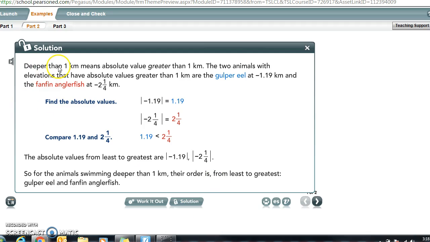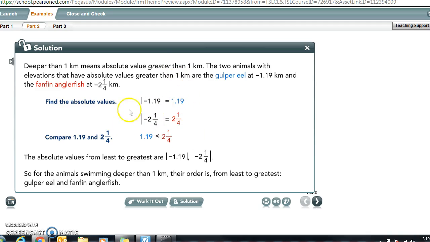Okay, deeper than 1 kilometer means having an absolute value greater than 1 kilometer. The two animals with elevations that have absolute values greater than 1 are the gulper eel with negative 1.19 kilometers and the fin-fan angelfish at negative 2 1/4 kilometers. So they find the absolute value of both of those, and then they want you to compare them.